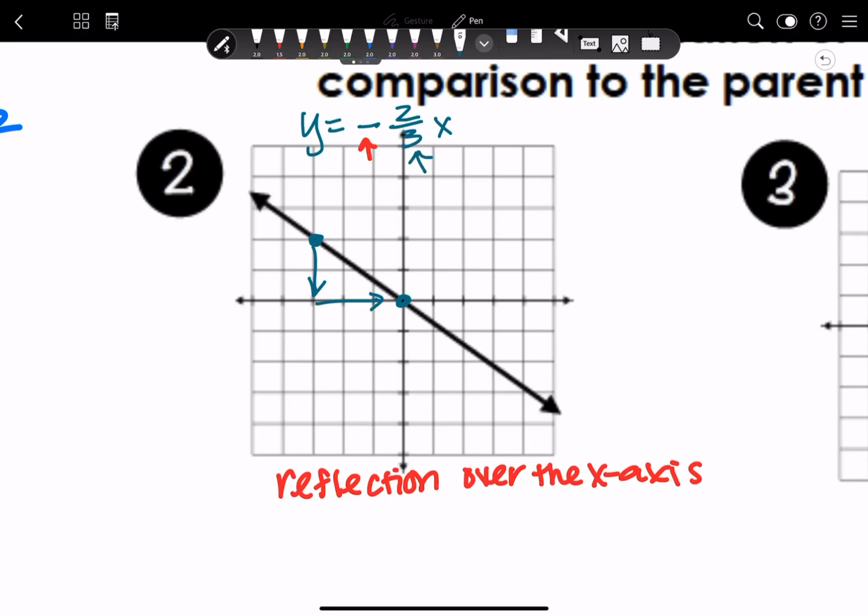Then you notice a slope of 2/3. 2/3 is more than 0, but 2/3 is less than 1, meaning it is between 0 and 1, and so we can say that this is flatter than the parent function.